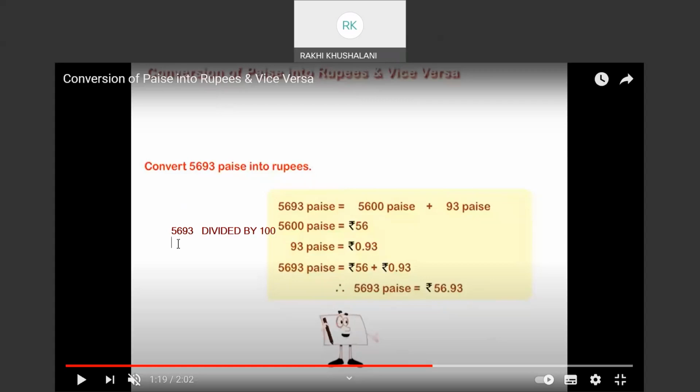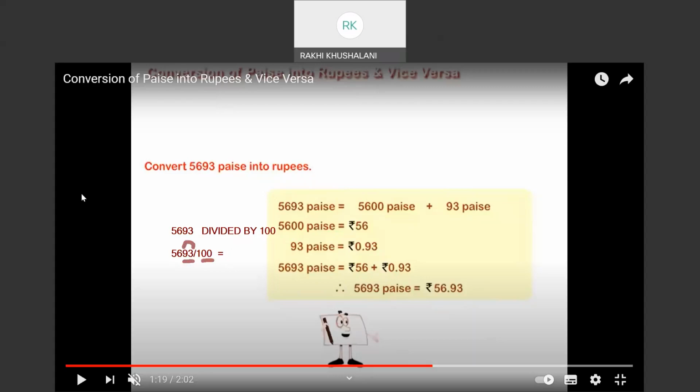That means 5693 divided by 100. You can write it in ratio method. So there are two zeros, and you are going to move two decimal points towards the left.